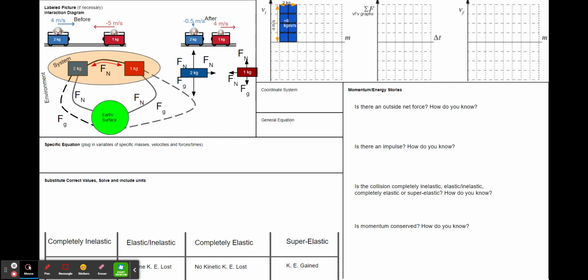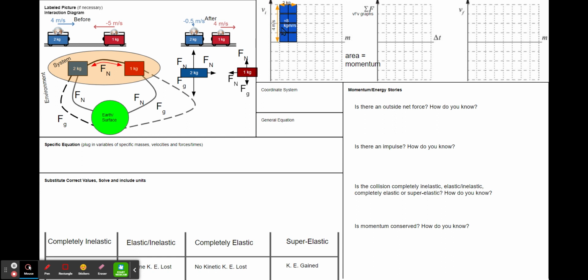If we look at the momentum using this graph, we use the vertical height as the velocity and the horizontal as the mass. In other words, we're using area to represent the momentum. The 2 kilogram cart is two of these blocks across, and it's moving 4 meters per second before the collision.